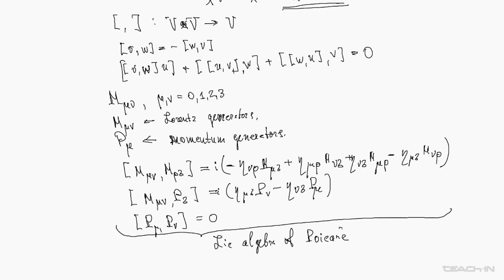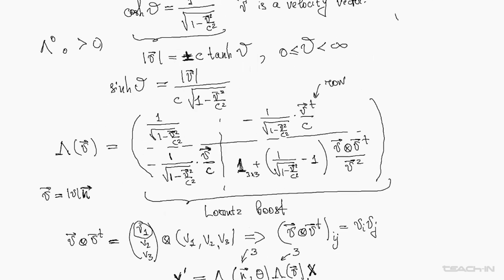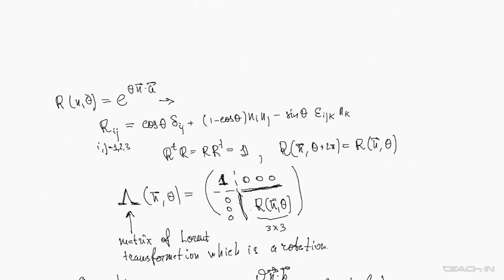Exponentiating these generators of the Lie algebra, we will get the corresponding group elements. In fact, we have already done this, for instance, for the rotation group. We saw that we construct the group element R by exponentiating these matrices A, which are elements of the Lie algebra of the rotation group SO(3).